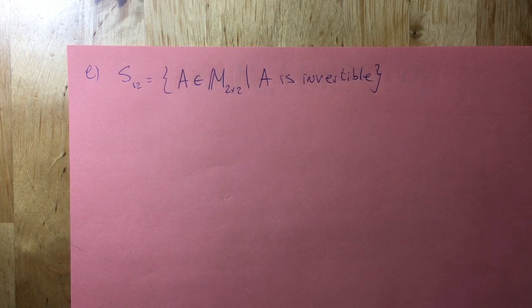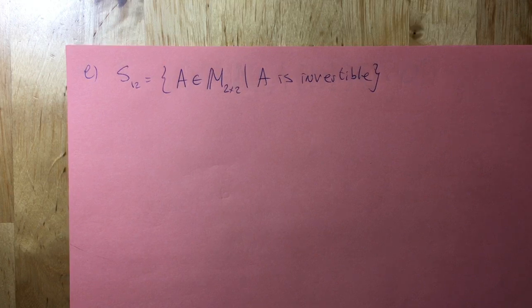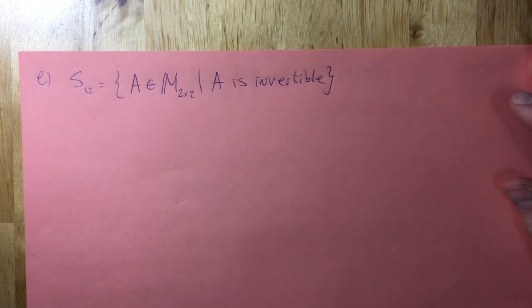The 12th set, S12, is the set of all the 2x2 invertible matrices, and we will show that this is not a subspace. This fails even with the first condition.